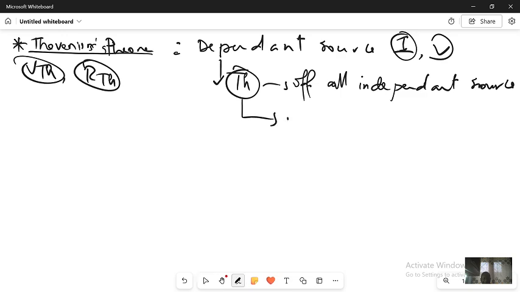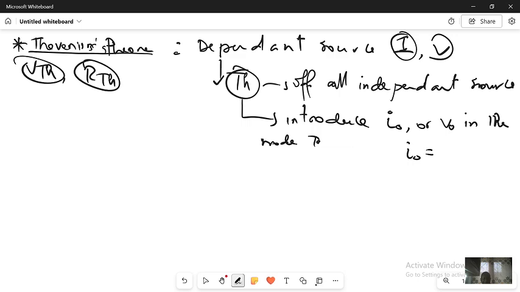Second, introduce a voltage source or current source, I0 or V0, at the node terminal. To facilitate the calculation, we always introduce I0 equal to 1 ampere or V0 equal to 1 volt.